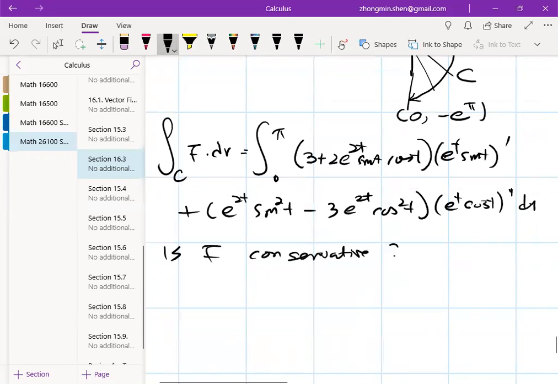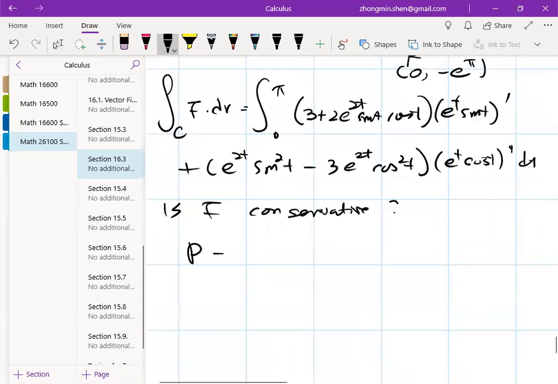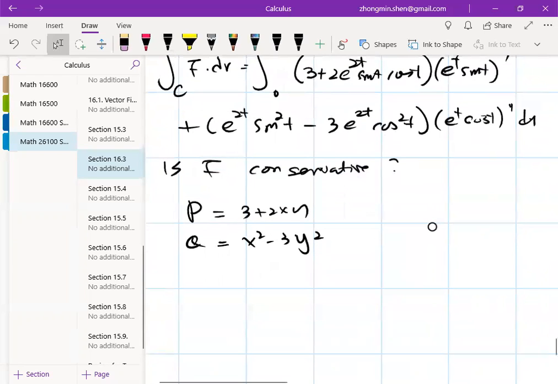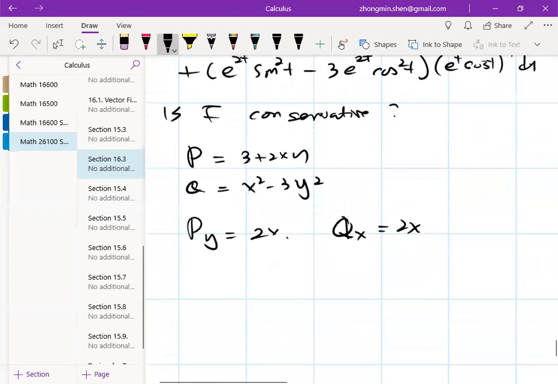So how do you see that? The P is going to be 3 plus 2xy. Q is going to be x squared minus 3y squared. So that's quickly checked. It does not take you too much time. So Py is going to be 2x, right? Qx is also 2x. Yes.